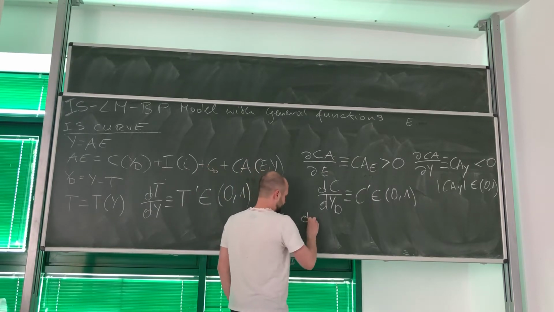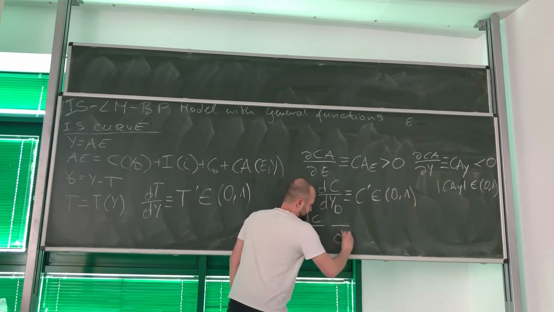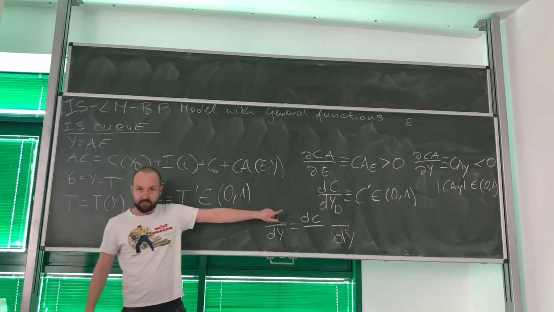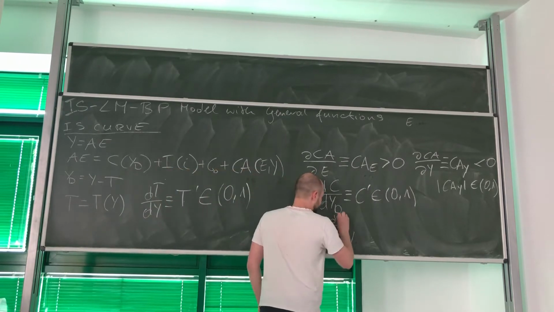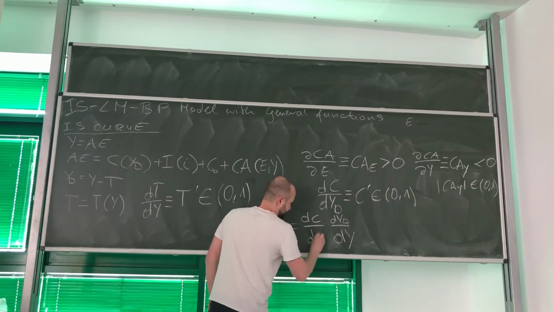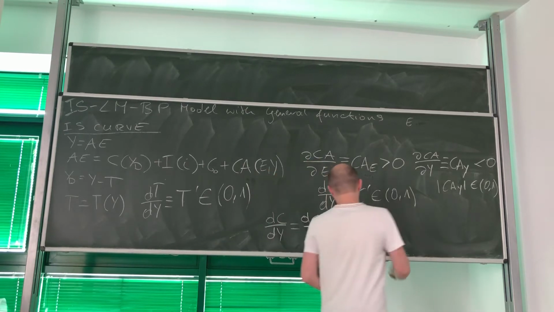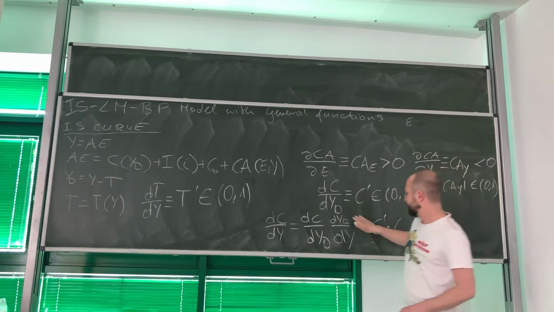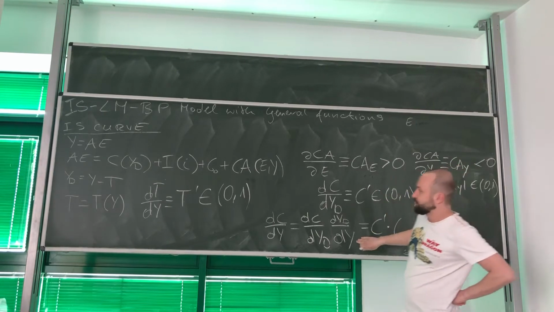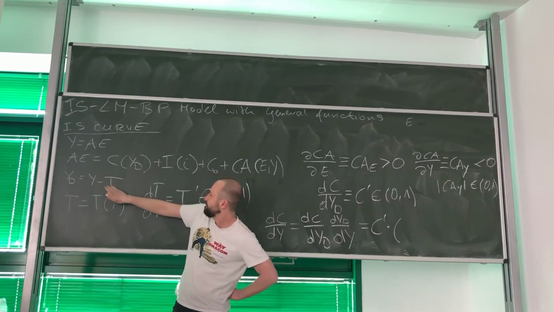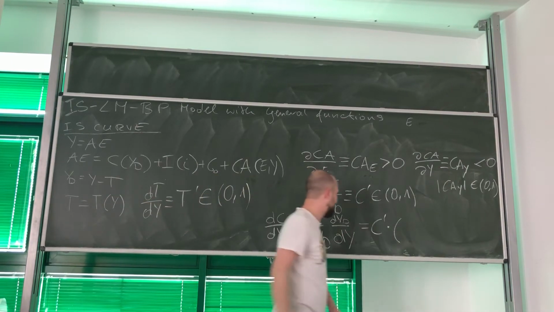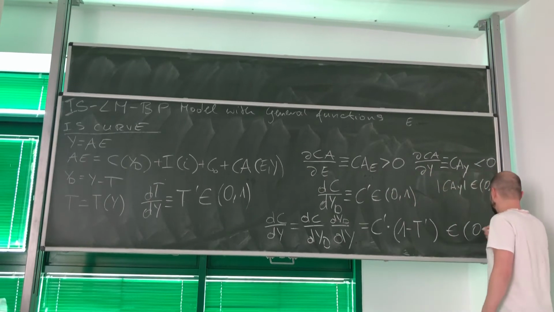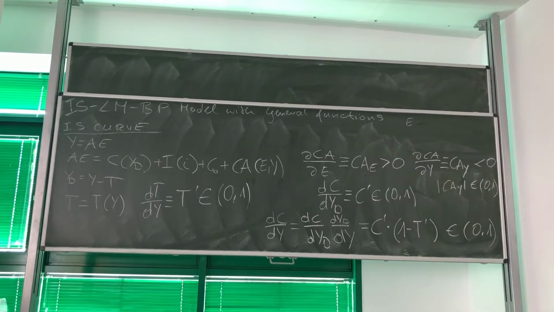We know that over here, the intermediate step between income and consumption is disposable income. So we get that this is equal to C prime times the derivative of disposable income with respect to income, which is 1 minus T prime. And we know that it also needs to be between 0 and 1.